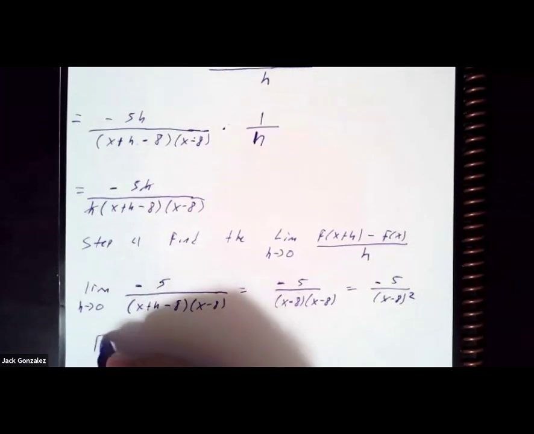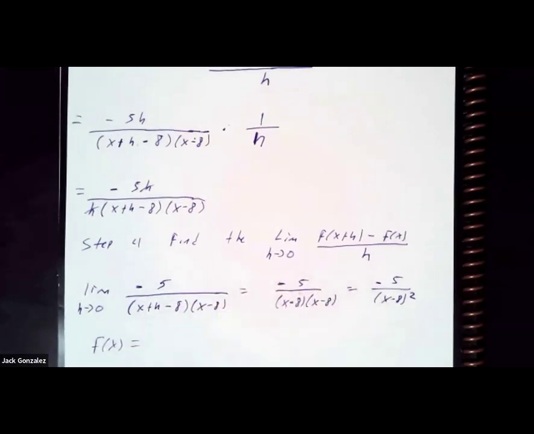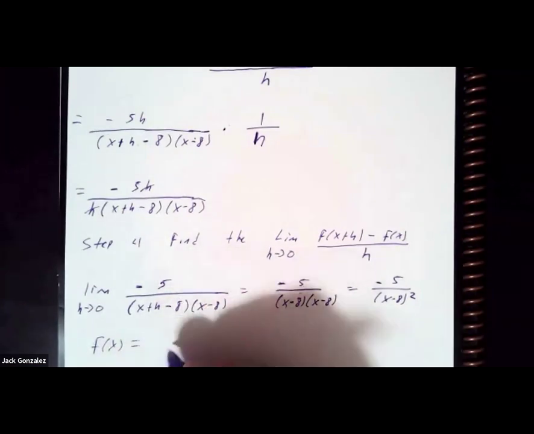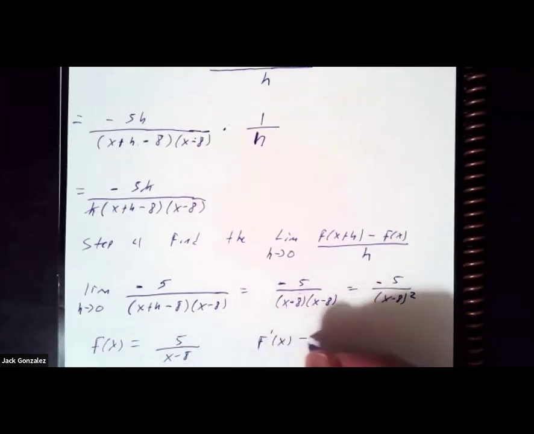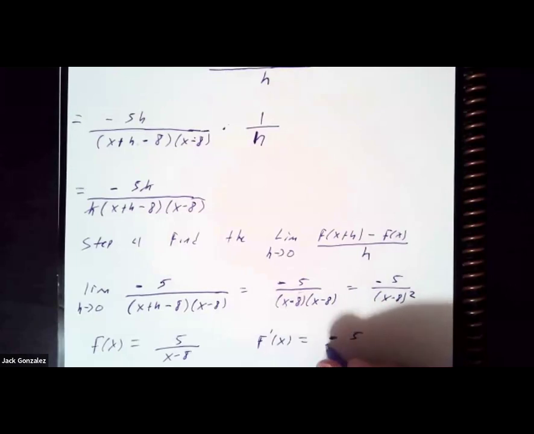So the original function was 5 over x minus 8. The derivative of that function will be negative 5 over x minus 8 squared.